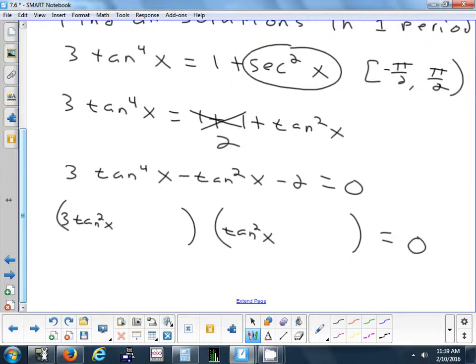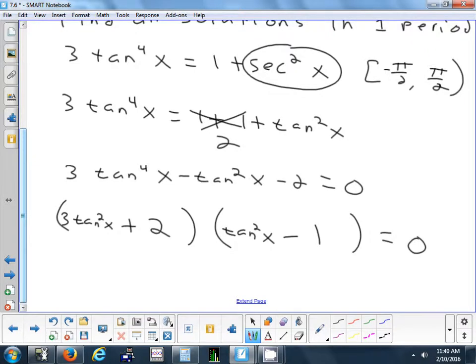Okay, I have a negative and a negative, so my signs have to be positive and negative, plus 2 minus 1. All right, let's try it. So we got 3 tangent to the fourth, negative 3 tan squared plus 2. Negative 3 plus 2 is negative 1, and 2 times negative 1 is negative 2. Perfect. Okay, so now we factored it.